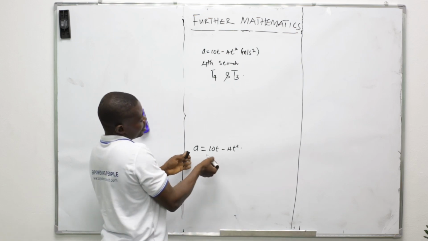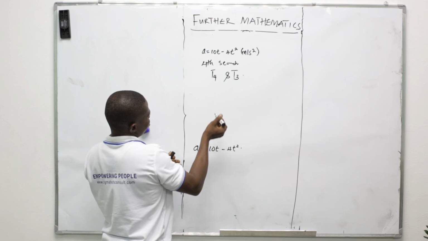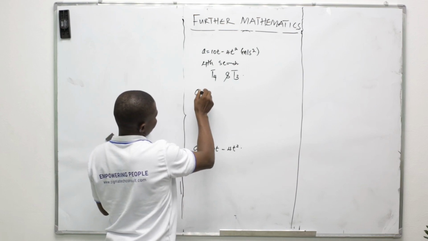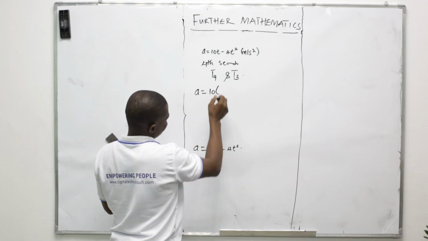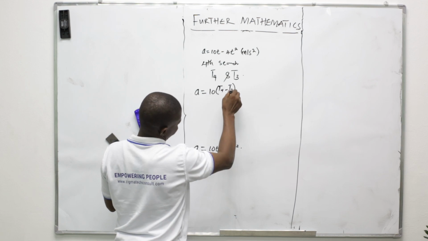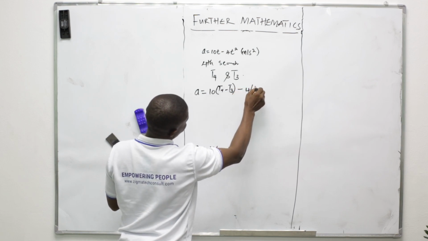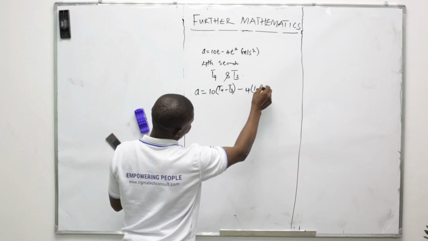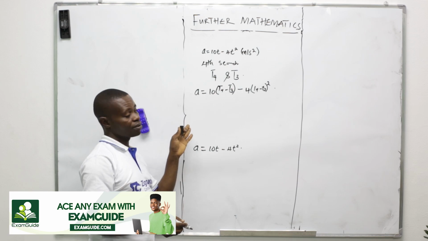Now, to get the average acceleration of this particle, acceleration equals 10 bracket T. What is T? T4 minus T3, minus 4 into T4 minus T3, all square. Can you see what I'm doing?